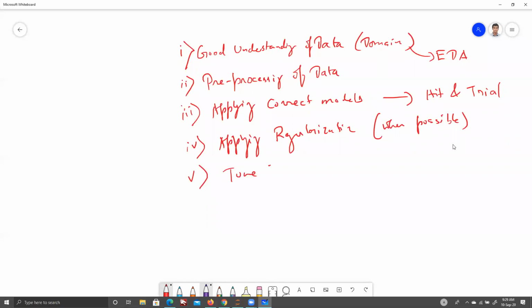Tune the hyperparameters. So you tune your hyperparameters to get the best model, and this will be done best through grid search, and then cross validate your result.